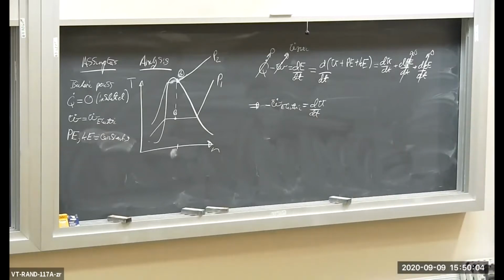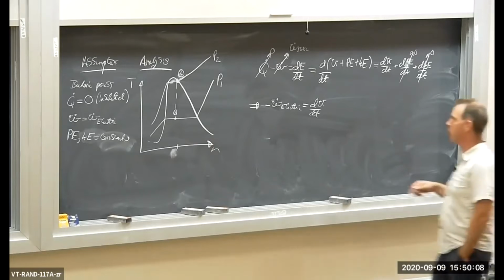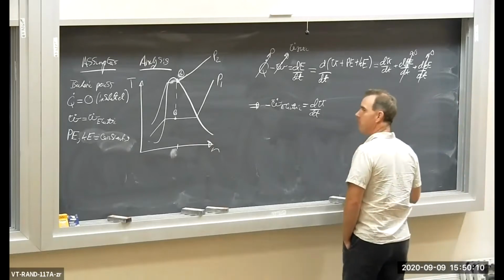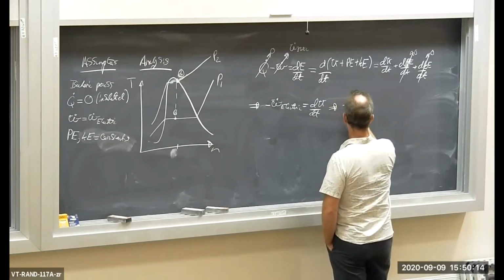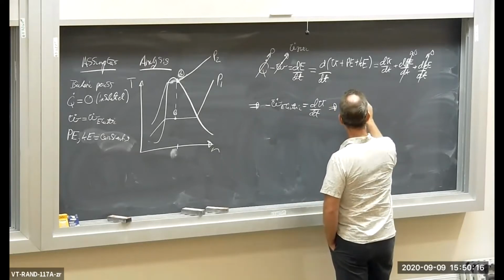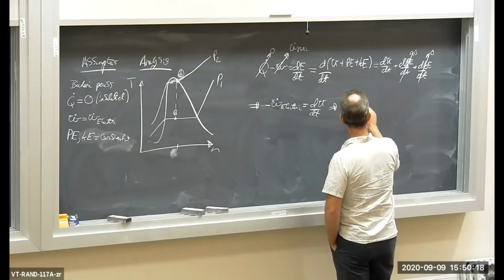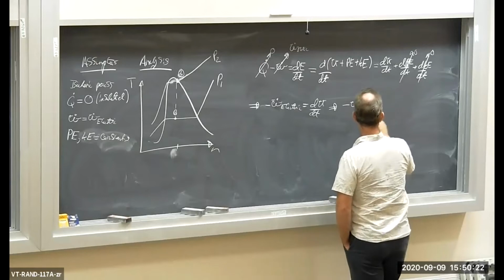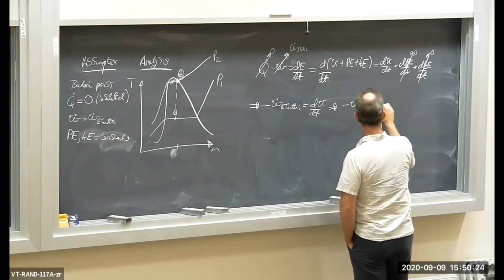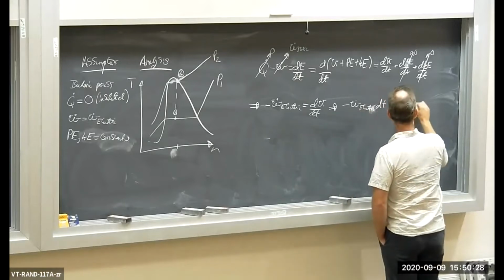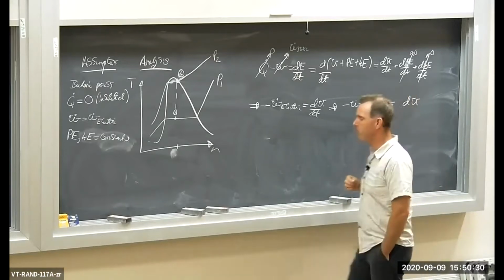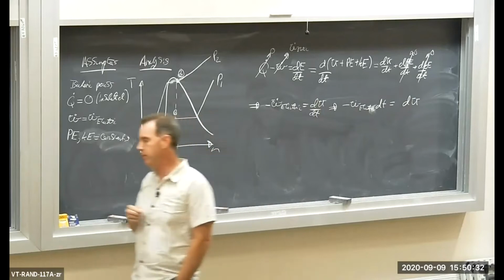How do I get that out of this equation? Well, I'm going to multiply both sides of the equation by dt. So I got minus W dot electric dt, and then I'll have equal dU.